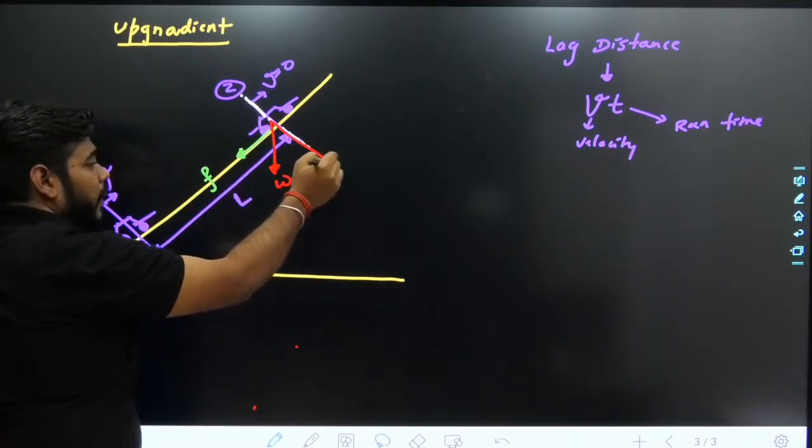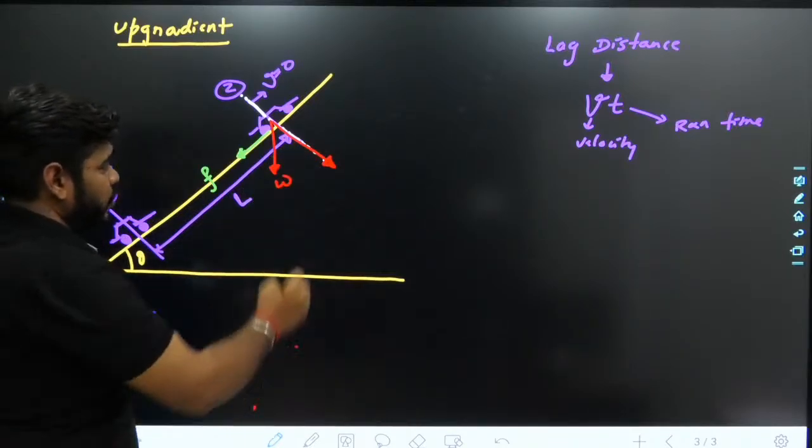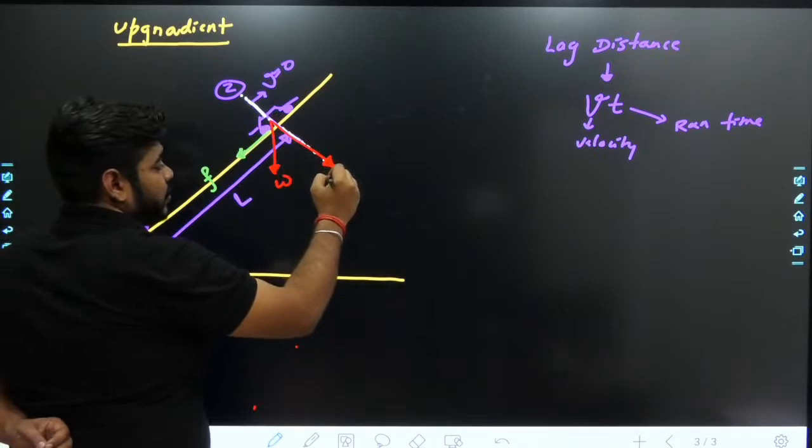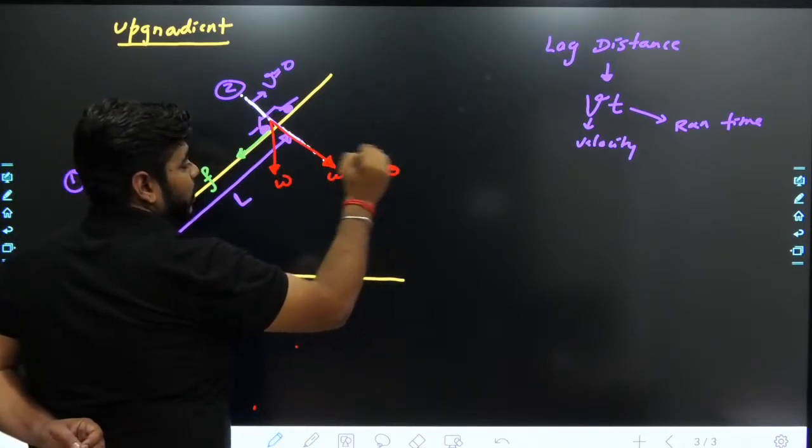Perpendicular to the surface, if this angle is theta, the component is equal to W cos theta. And if we take the component parallel to the surface, it is equal to W sin theta. If we talk about the normal reaction, it is equal to W cos theta.